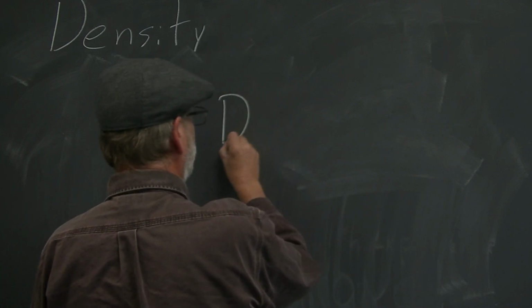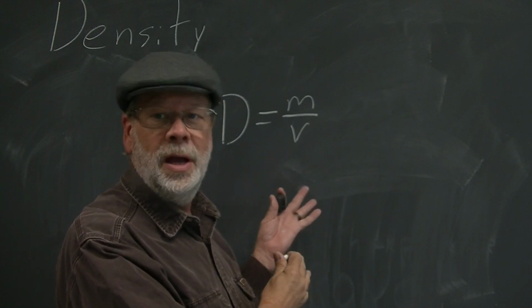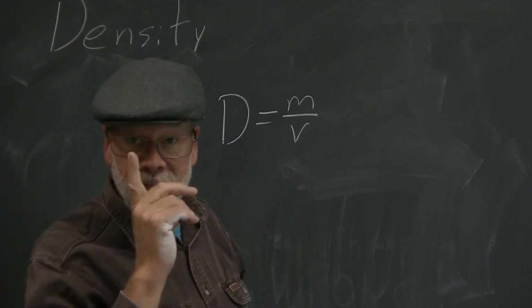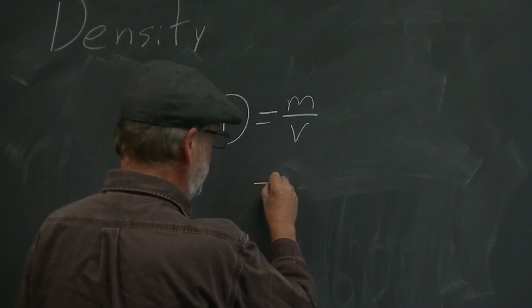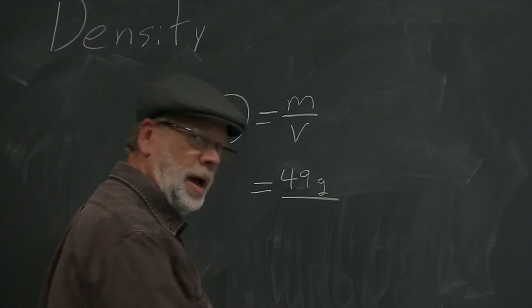So if we're looking for density, density equals mass over volume. Whenever we're solving, we write the original formula down first. That's an important step. And then you substitute the numbers in. So equals 49 grams, but divided by what?